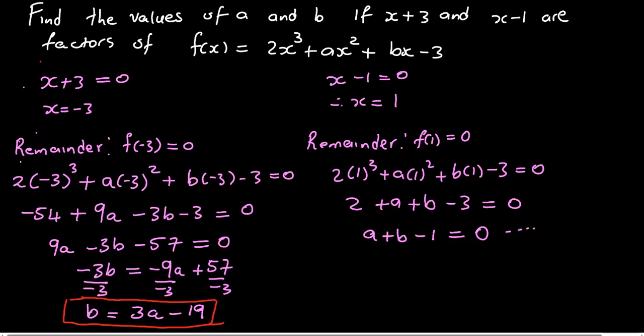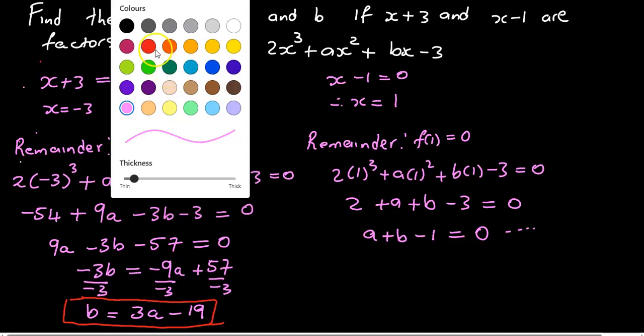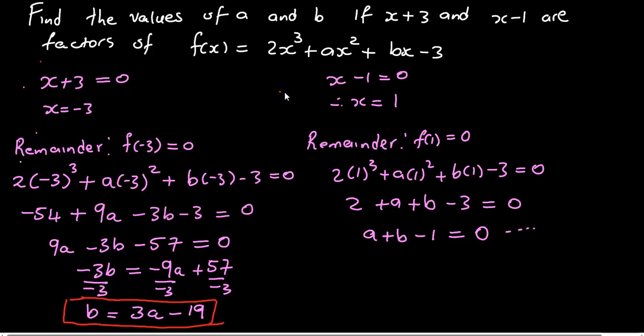The first one we named equation 1, and this is equation 2. So now I have equation 1 and equation 2. What's next? We can substitute, because we know the value of b. Where there's b, we can put 3a minus 19 and solve for a.